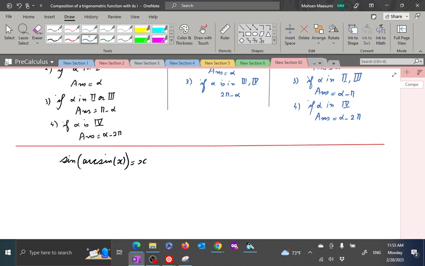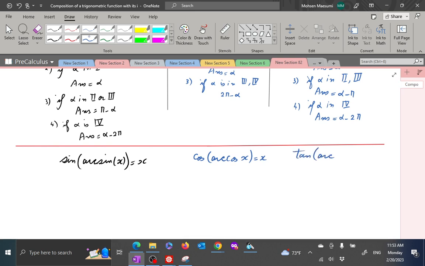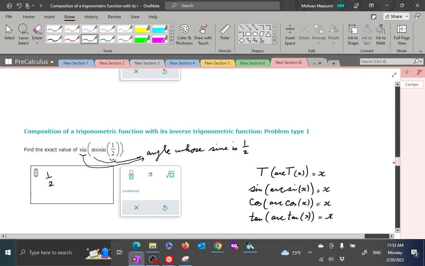Similarly, cosine of arccosine of x is just x, and tangent of arctangent of x is just x. We don't need any additional work. So that was easy.